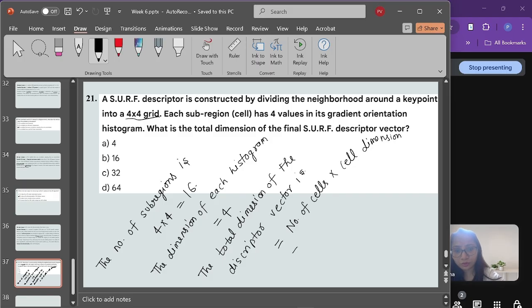The total number of cells we have calculated is 16, and the dimension of each histogram is 4. So that is 64. What is the total dimension of the final SIFT descriptor vector? The total dimension of the final descriptor is 64. That makes option D the correct one.